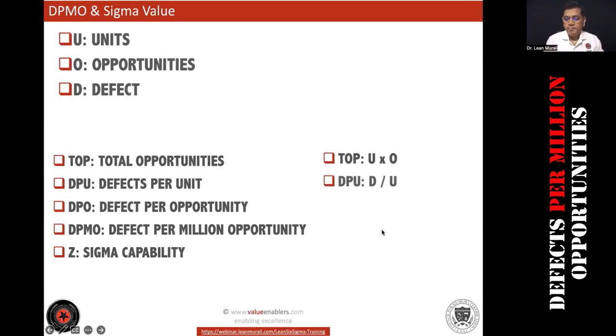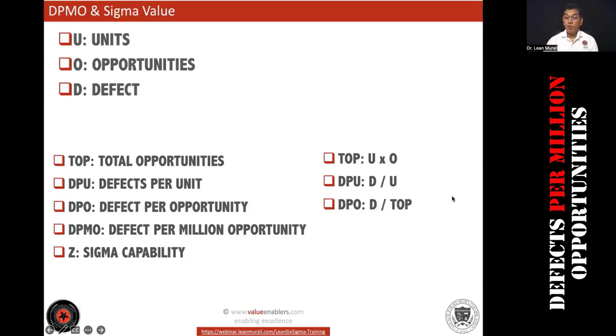All right. Now, this is very simple. Defects per unit. You understood what is a defect. You saw 9 cars there, and there can be 5 defects. All 5 defects can be in one car, or 5 defects can be in 5 cars. So 5 by 9 is defects per unit.